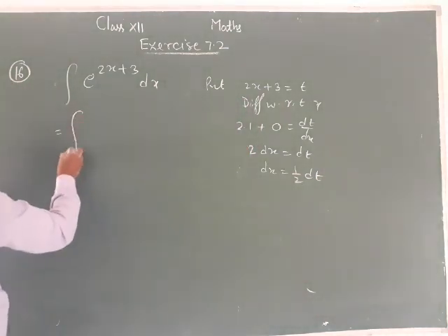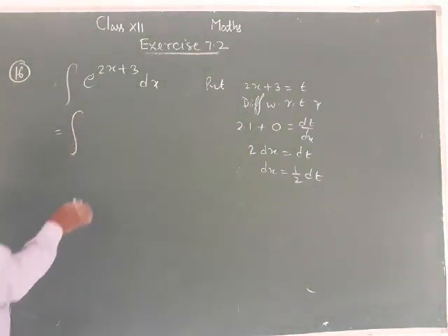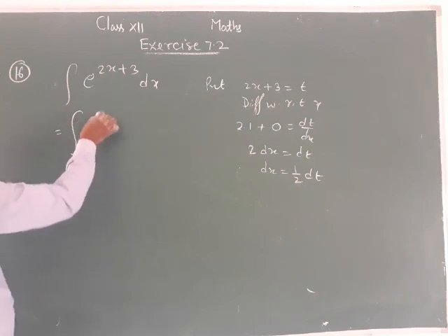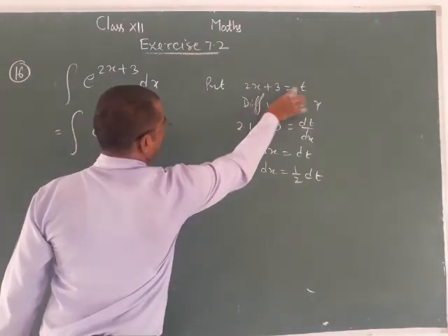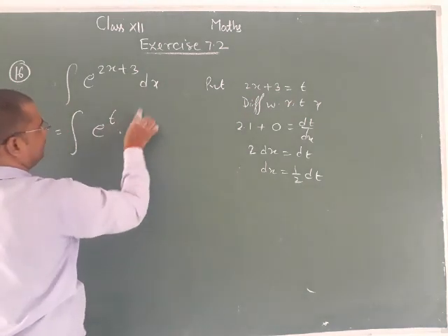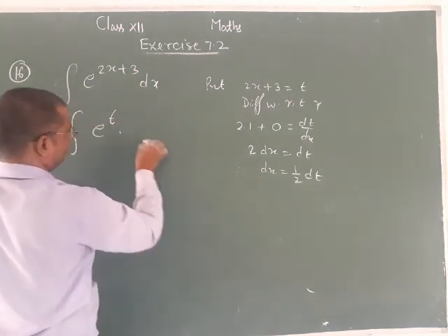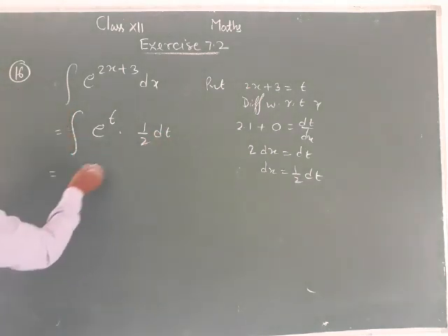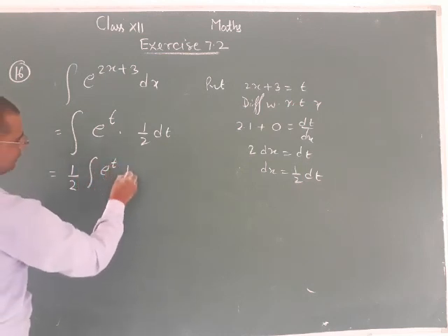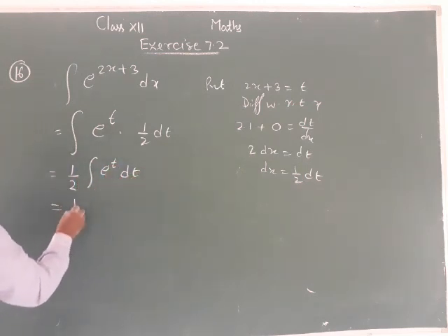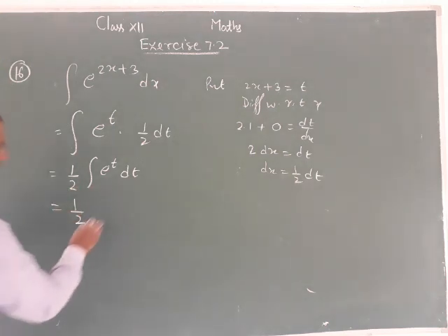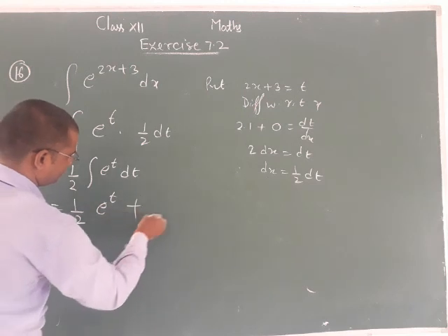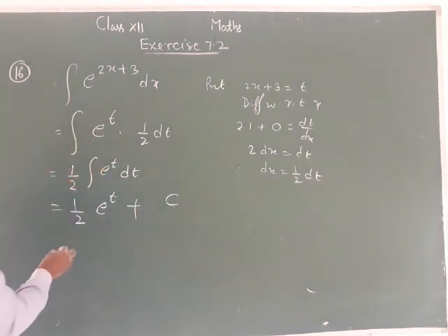And now we can write e to the power 2x plus 3 is e to the power t, and dx is 1 upon 2 dt. So 1 upon 2 integral of e to the power t dt, which is 1 upon 2 e to the power t plus arbitrary constant c.